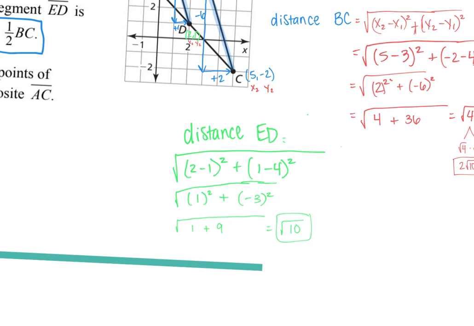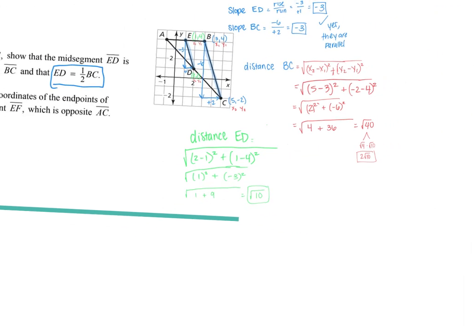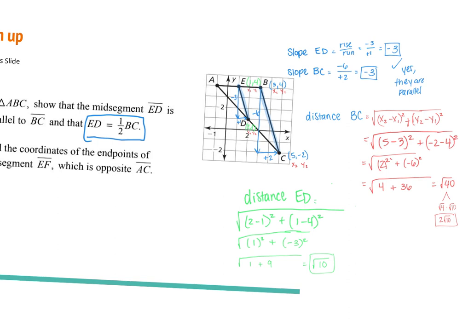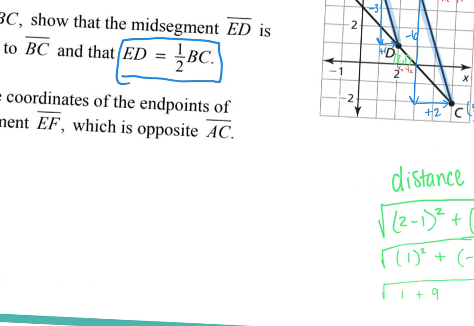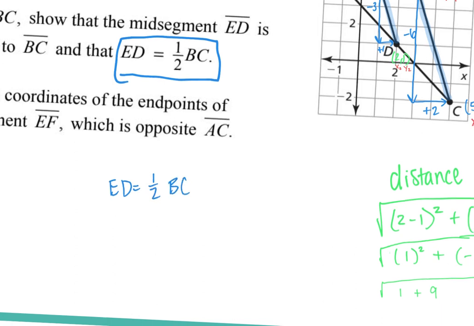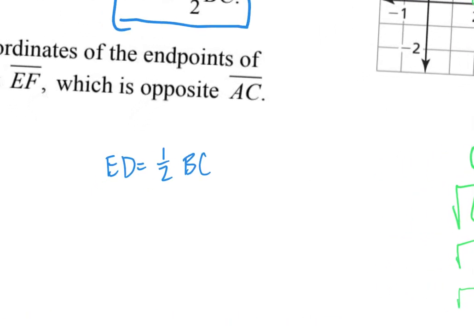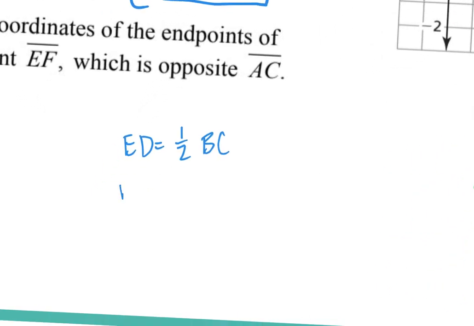All right, so now watch what happens. We were told, okay, prove that ED is exactly 1/2 BC. Let's just plug in what we found. So ED equals 1/2 BC, right? ED we found was what? Square root of 10.